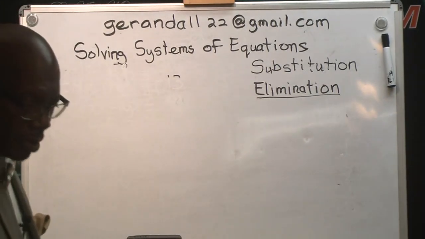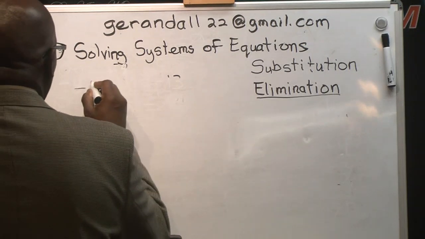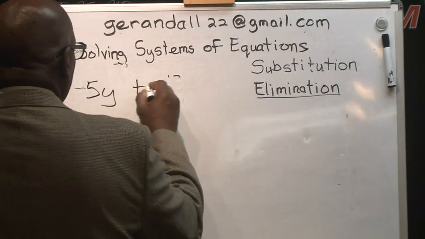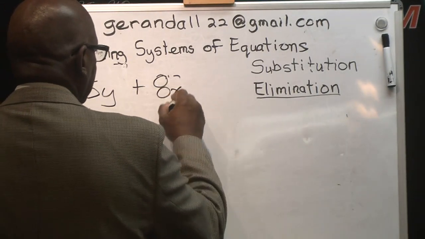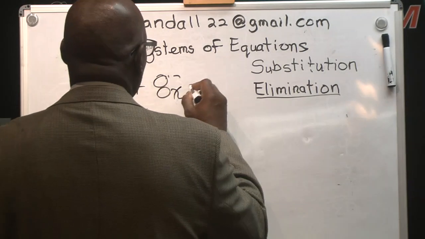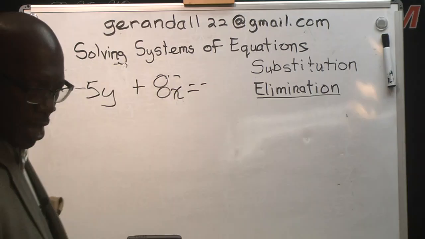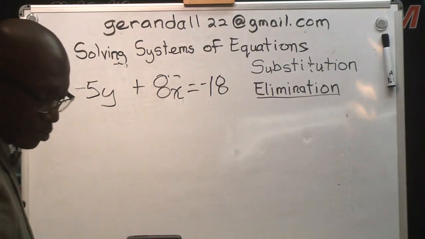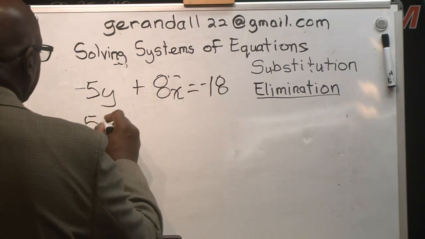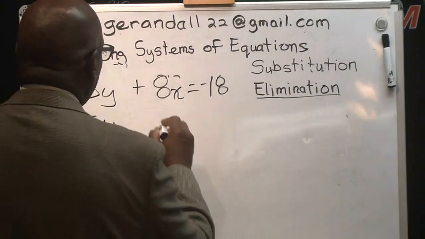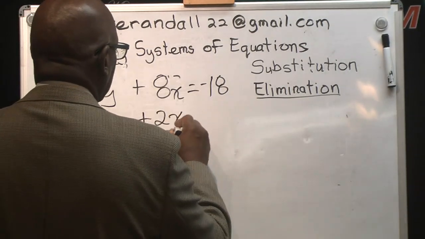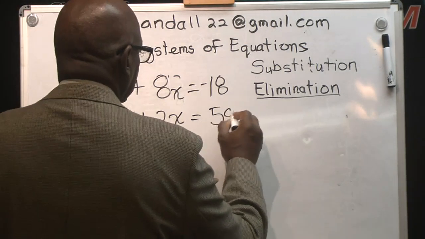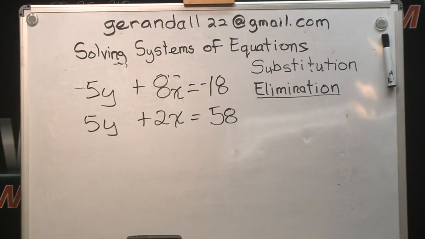We can look at a similar problem where we have minus 5y plus 8x equals minus 18. And the other problem, 5y plus 2x equals 58. Okay.